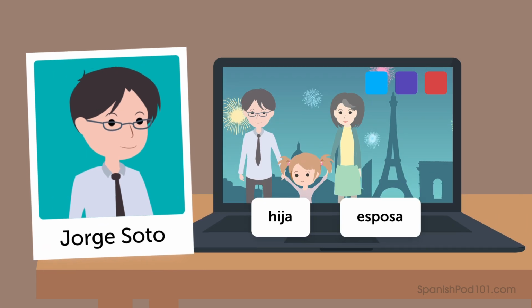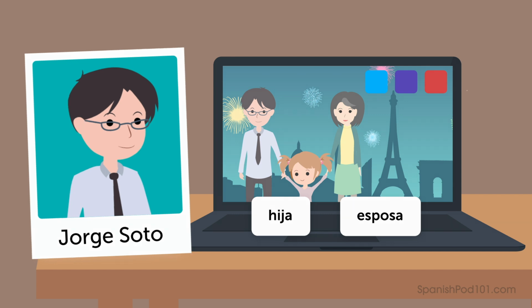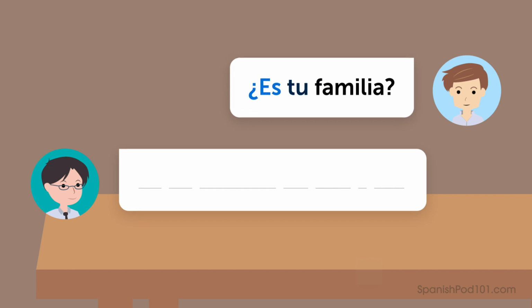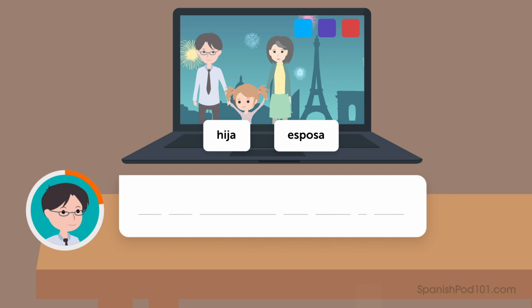Let's practice. Imagine you're Mark's colleague, Jorge Soto. You have a wife and a daughter. Respond to Mark's question referring to the photo. Don't forget to include the word for yes at the beginning of your response. Ready? ¿Es tu familia?